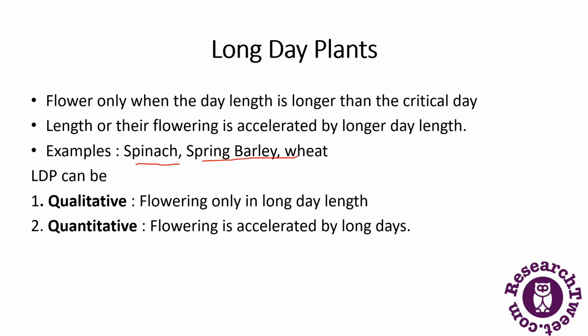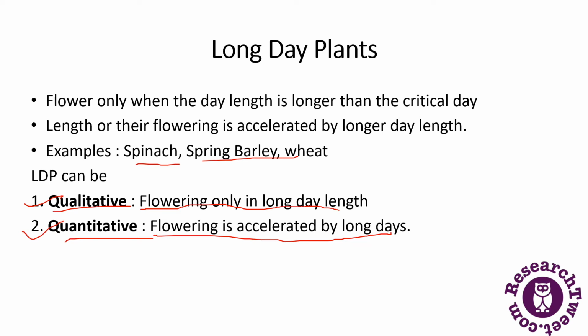These are also categorized into two parts, that is qualitative and quantitative. Qualitative is flowering only in long days, and quantitative is flowering accelerated by long days. What is qualitative?